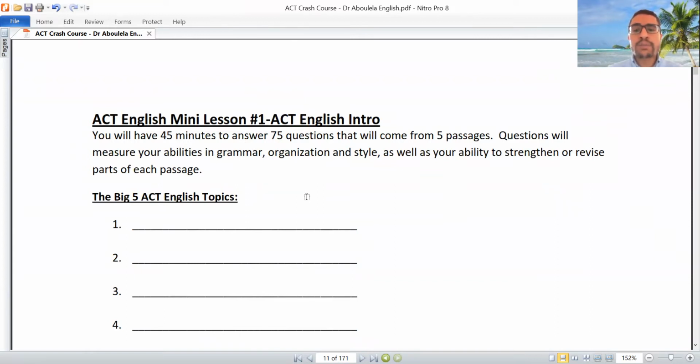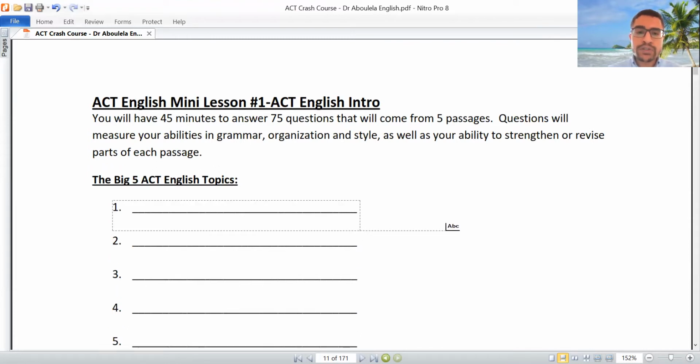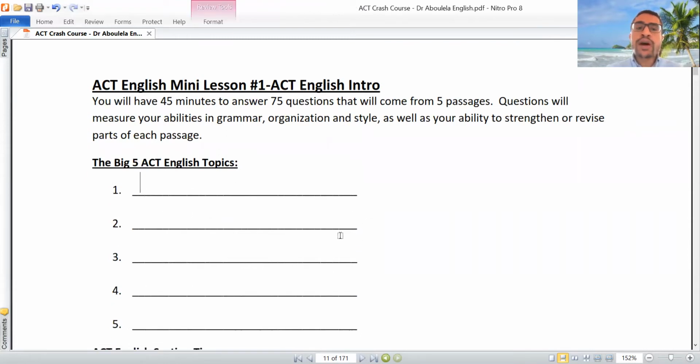And the test will come from 5 passages. So each passage has 15 questions. Again, the questions will basically measure your abilities in grammar, organization, style, and also how to strengthen or revise parts of each passage.